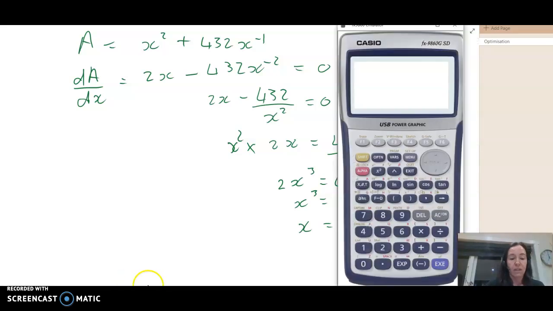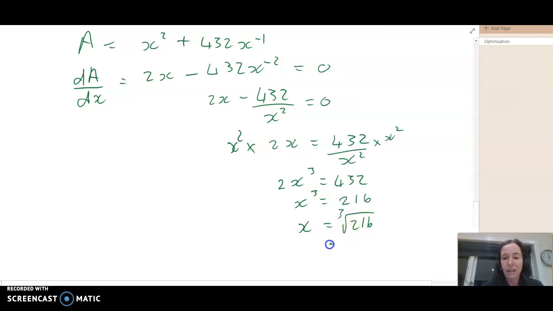So shift cube root 216 equals 6. I was kind of thinking that, but it's late.